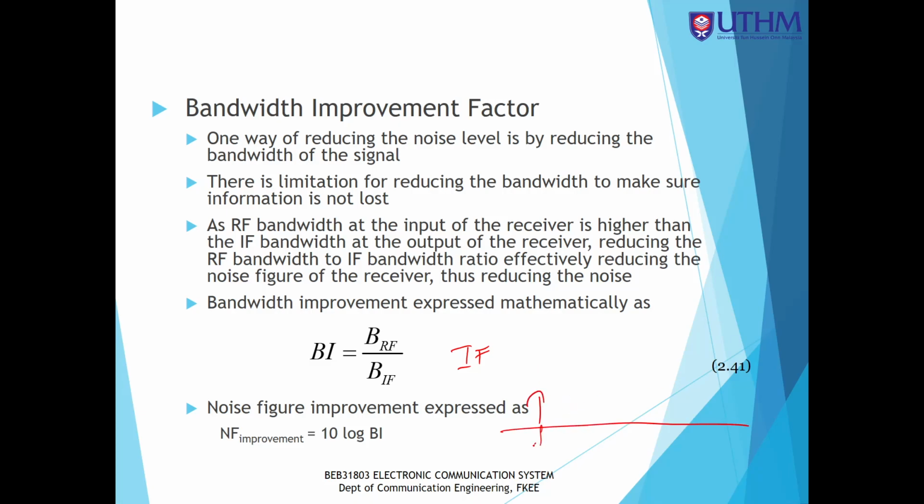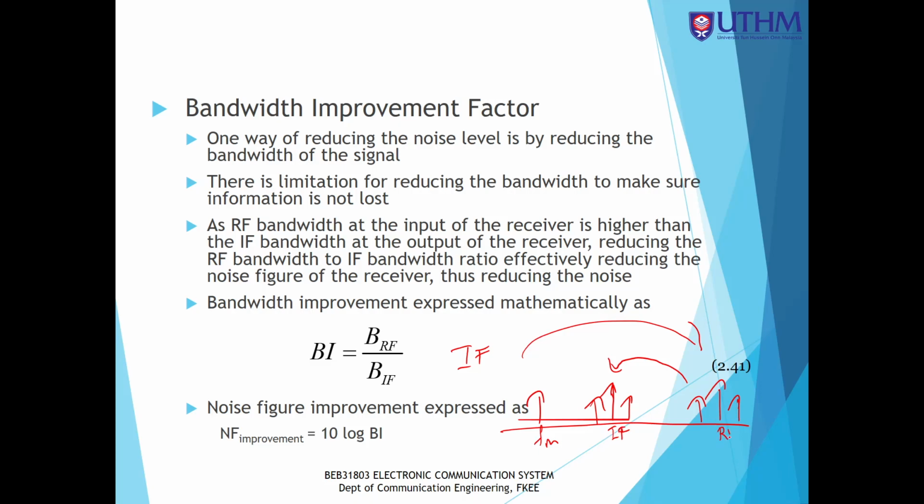Initially we have a message signal, and when we do the modulation process, we produce a double sideband full carrier at a higher frequency. During the demodulation process, we are not translating the frequency directly, but instead we translate the frequency into the intermediate frequency. So this is the IF over here.